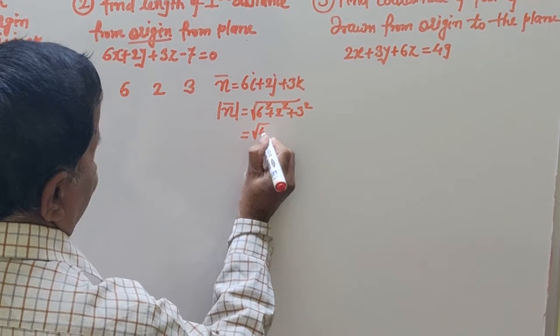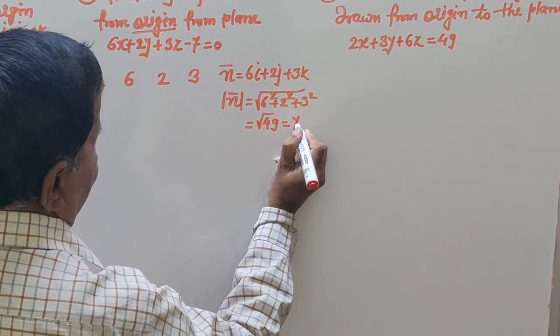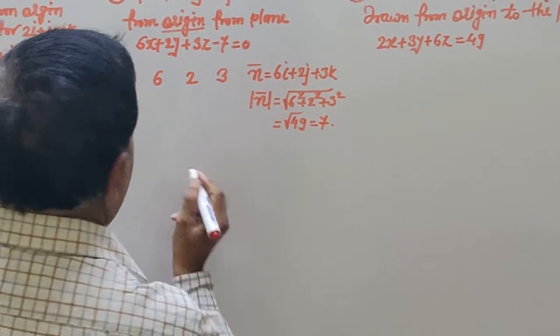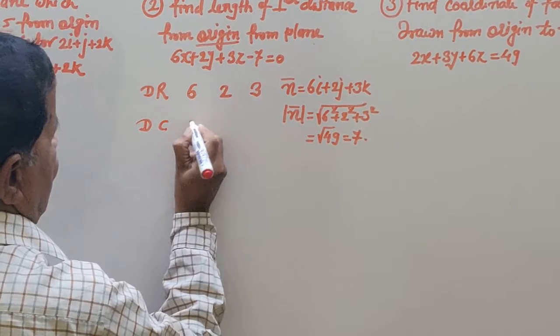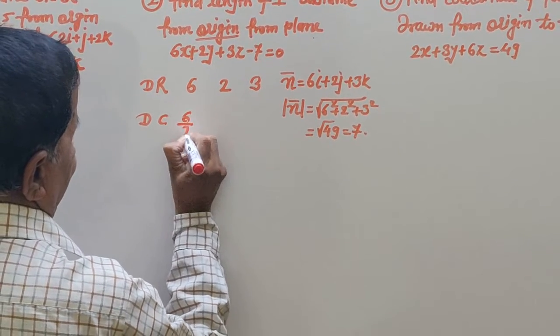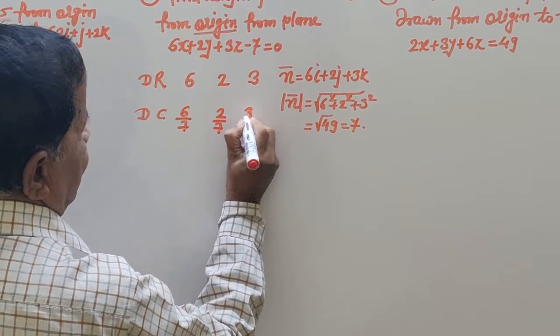Root 49 will come here, which is 7. Now the direction cosines are 6 by 7, 2 by 7 and 3 by 7.